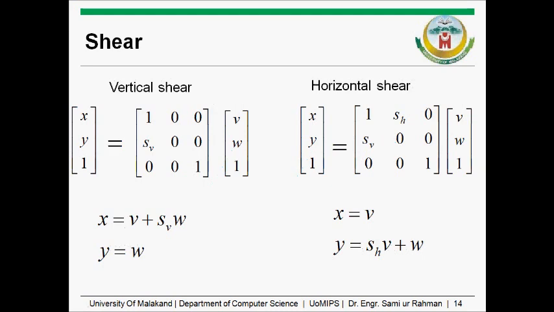For shear along the y-axis, we have this representation where the y position of the point remains the same and the x component increases, and along the y-axis the y component size increases and the x component remains constant.